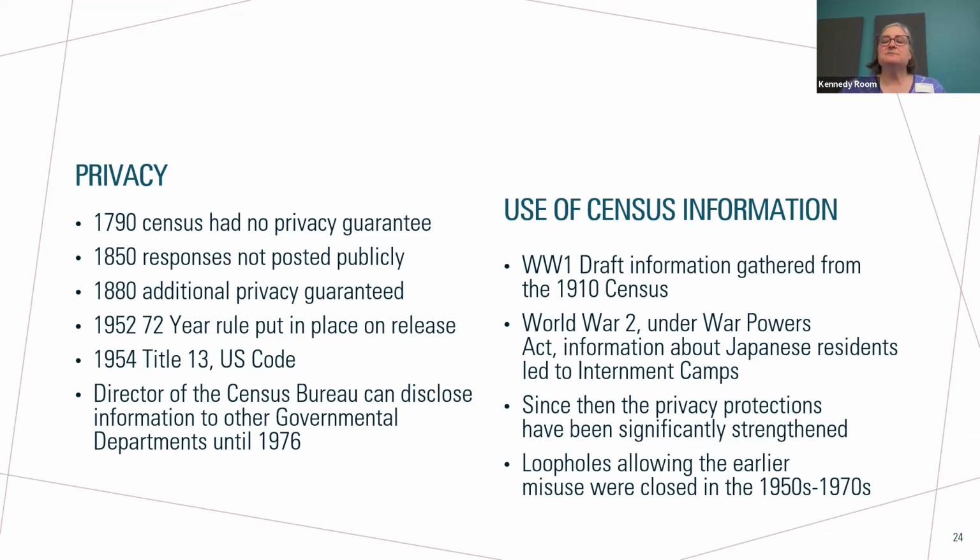So it is pretty difficult to get any census information that is not specifically your own, but you can. If you need to prove that you were living in a certain place at a certain time, were a certain age, in one of the census years, there is a process for you to get your own census information off of the censuses that are less than 72 years old.